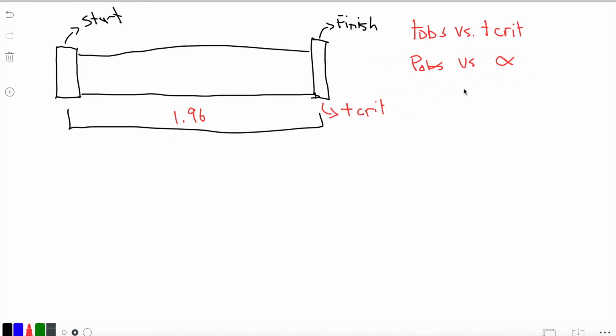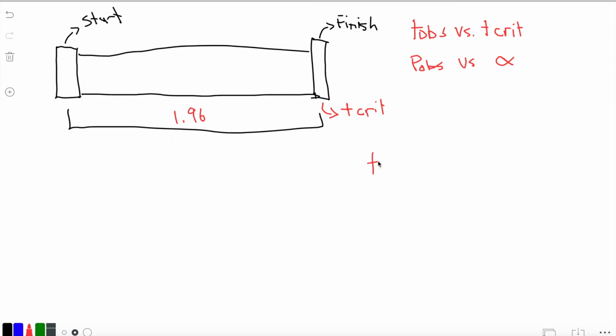Now what that means is you really only have to determine one of them, and we most often find that students have an easier time determining the difference between t observed versus t-crit, because we want our t observed to be bigger than our t-crit value. But the p observed, we want it to be smaller than our alpha. So let me write that out.